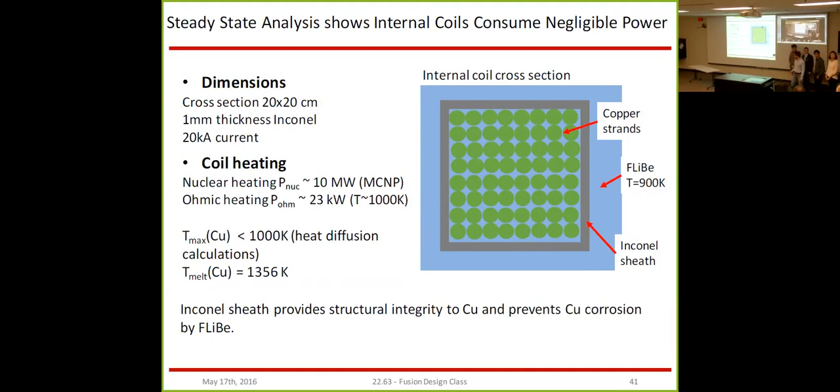Actually, Ted, to your question, because you're at such a significant fraction of the melting temperature, the effects of neutron radiation are going to be low, because you essentially prevent as much damage as you create because it's so hot. And we also have to say that MCNP neutronic calculations that Jake performed showed that the nuclear heating on the copper at those locations is around 10 megawatts. All the calculations, like the thermal analysis we did, were based on those numbers that come directly from MCNP, from neutronic calculations.